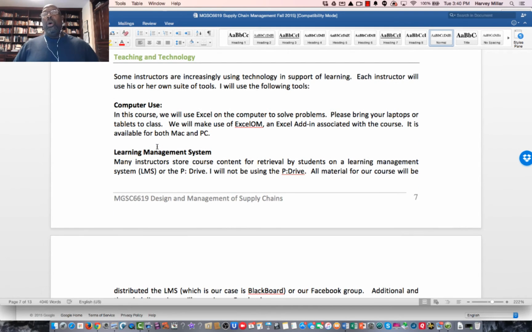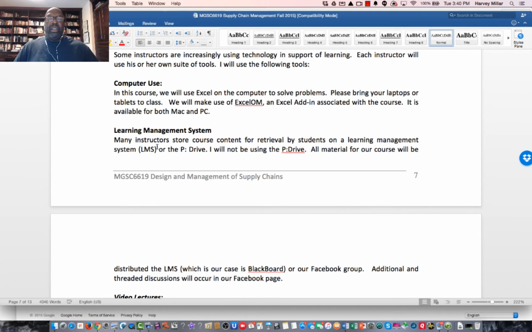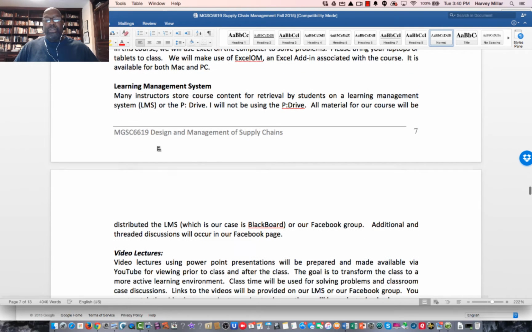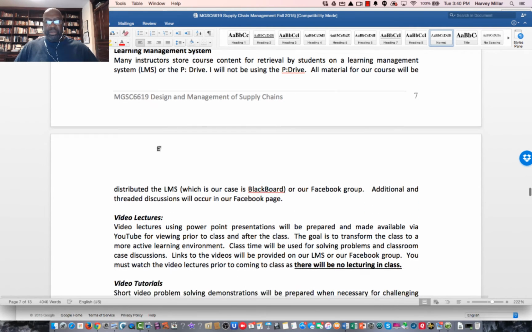We will use one Excel add-in, called XLOM, which allows us to do some calculations around inventory management and so forth. Generally, we will use Excel spreadsheets in dealing with some numerical problems.